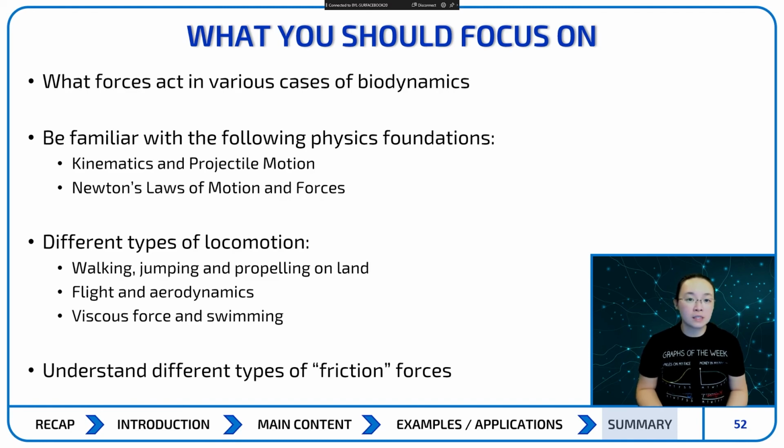Know the differences between each one and what the variables or parameters mean. And of course, understand different types of friction forces. In every single scenario, there's always something that is going to oppose the intended direction of motion. Anything that opposes the intended direction of motion and comes from the environment is usually a type of friction force.